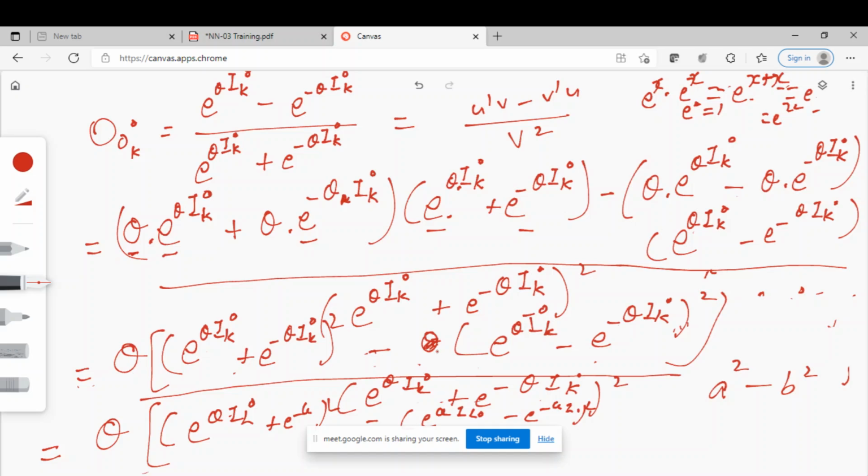Here we are taking this theta out, so this (e^(θ·k0) + e^(−θ·k0)) the whole square. Okay, right? Here also the theta is taken out. Assume here itself let us take. Okay, so minus this entire thing we can write as (e^(θ·k0) − e^(−θ·k0)) the whole square. Okay, denominator part I am not writing, it is this only. This the whole square, this is the denominator. You just remember it, this part is the denominator, right?